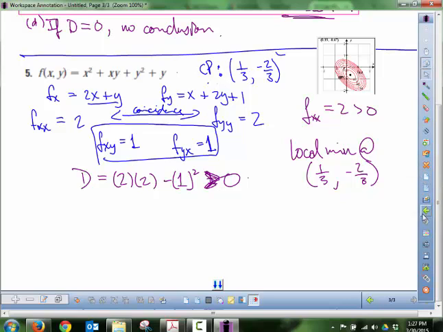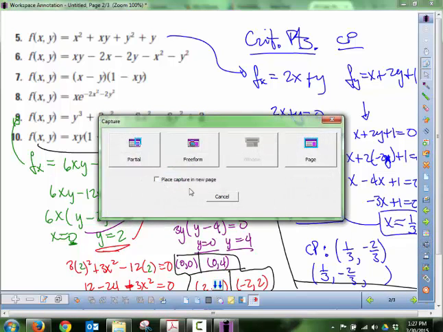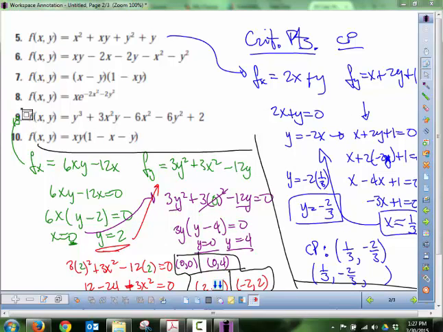All right, let's do another one since we got the work done for number 9 already to find our critical points, and we have 4 of them, so that should be exciting. We have 4 critical points to check. Let's check what kind of critical points they are.